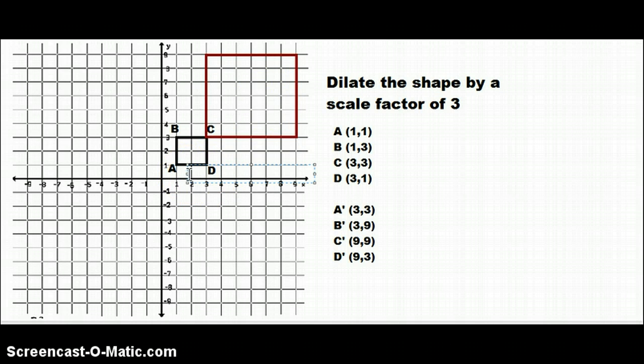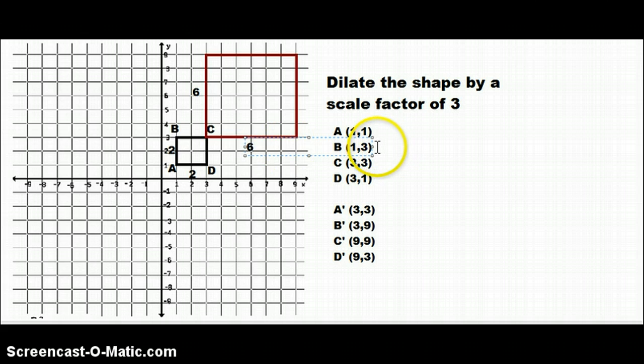The first one is 2 units wide by 2 units high. The second object that we just regraphed that we dilated is 6 high by 6 wide.